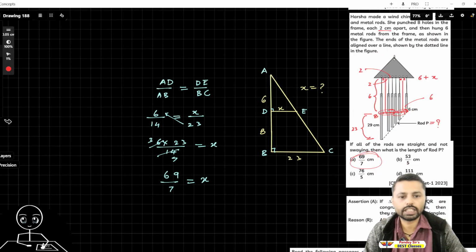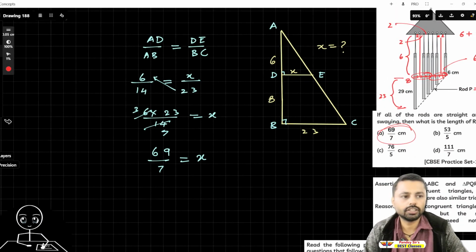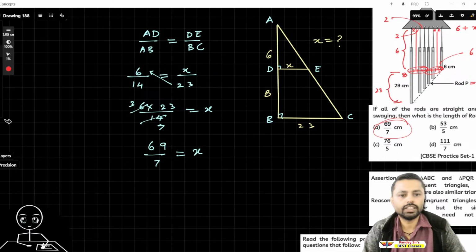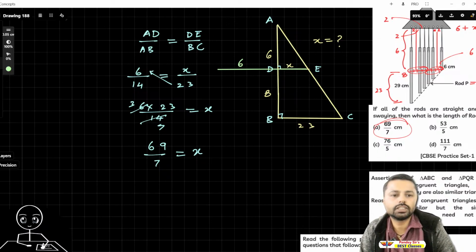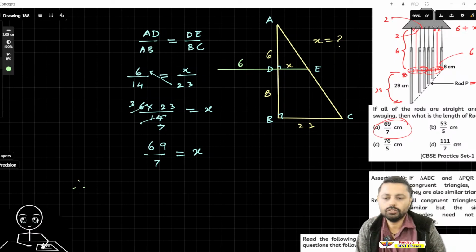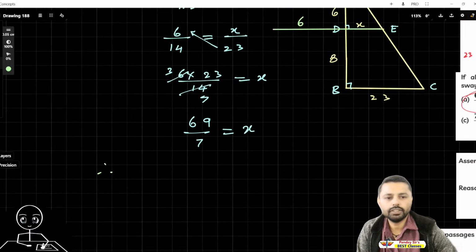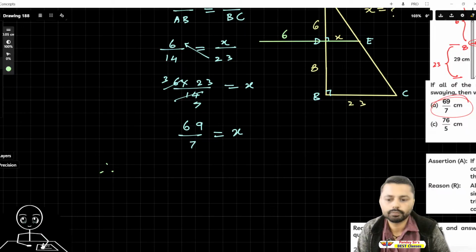So coming back to the triangle, in the device she made, the P rod was like this, complete long. So this part was 6 and this is x. Therefore, the length of P will be P equal to x plus 6. That's 69 by 7 plus 6.